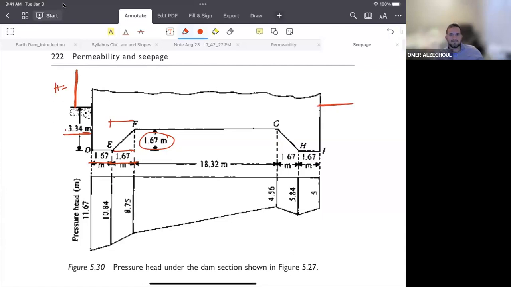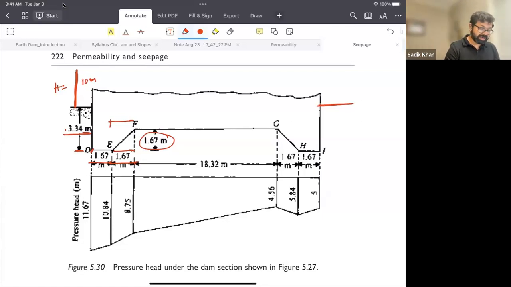Sai said. Okay, very good. So what is the total head? 10 plus 3.34 at this point. This is your head. You get my point?